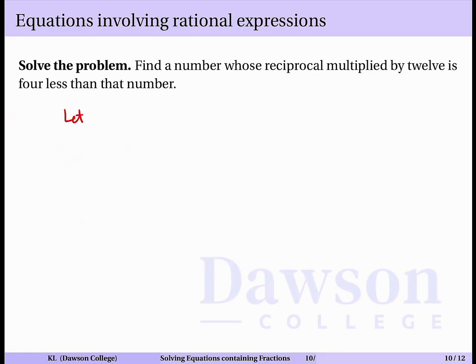So let x be the number. Then we get the reciprocal of x, that's 1 over x, multiplied by 12. So 12 over x.